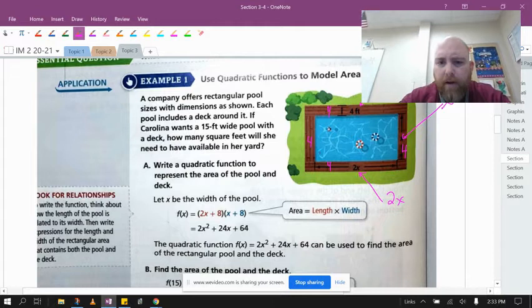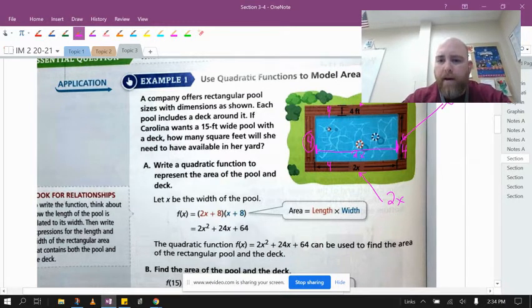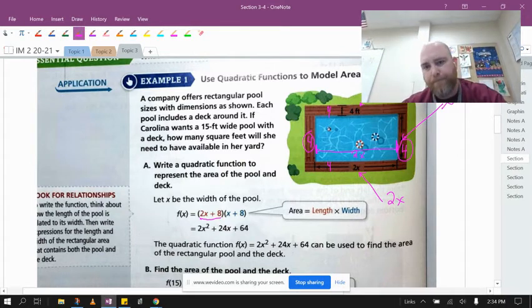Well, from here to here of the pool is 2x. But that's not what we want. We want to include the deck. Well, that means we would add 4 and add another 4, because we have the deck extending 4 feet on both sides. So that's how we're getting 2x plus 8.